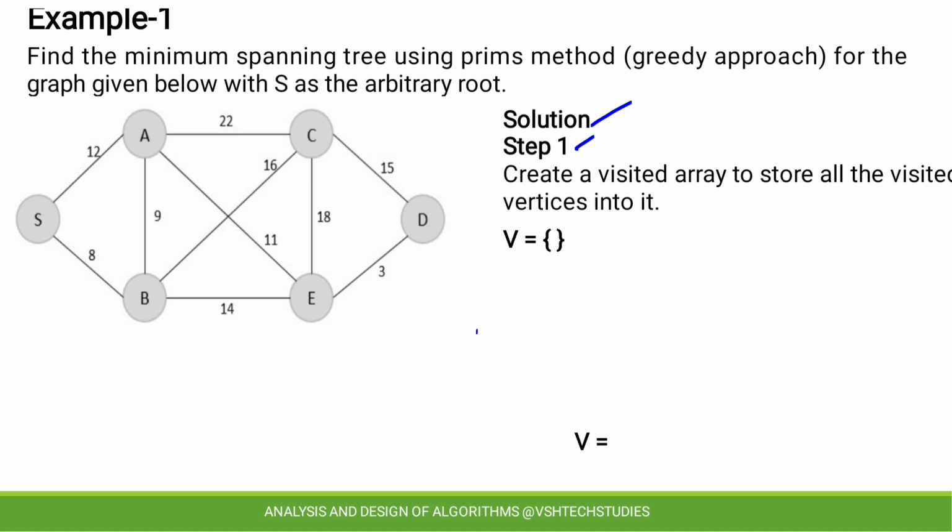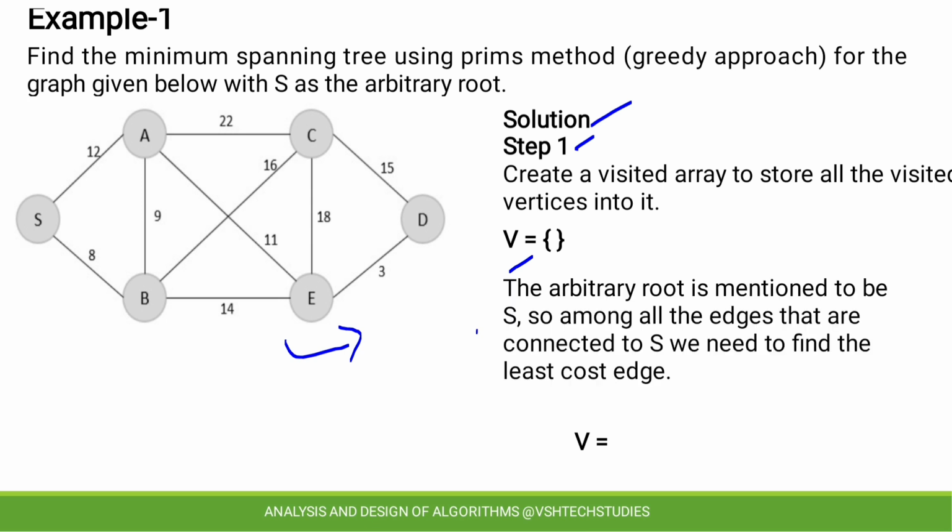Step 1, this V, an empty array of vertices, is taken because at the start the subgraph is empty, it doesn't have any vertex. Next, they have mentioned S as the starting vertex. We'll have to start with the S vertex, and that is added to the vertices list here, and that is chosen in the graph.